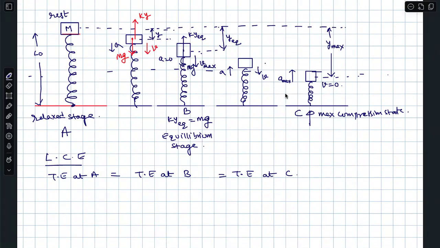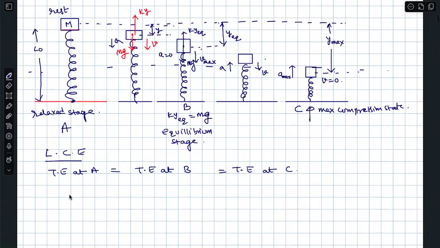See, with reference to here, it is only potential energy, mg y max. Total energy at B. What are the different forms of energies here?